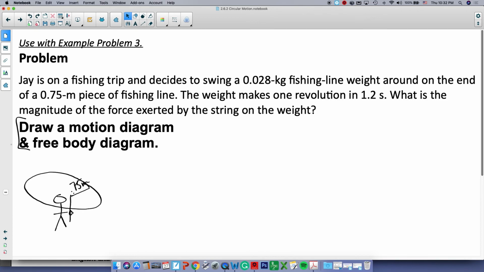Let's say you're spinning it that way. Okay, so then we need to do a free body diagram. So these are kind of different. In the free body diagram, we actually have gravity going down, and then we have our centripetal force going towards the center.